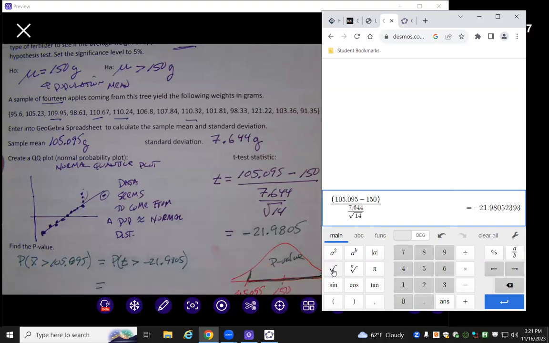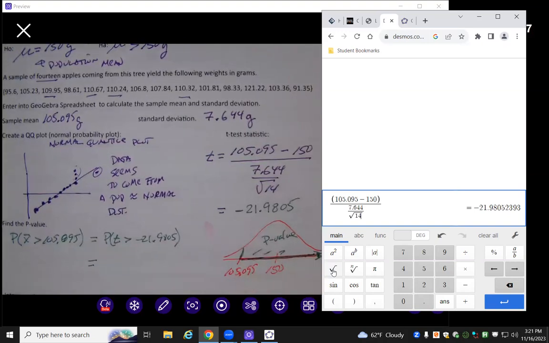This whole area is the p-value. The answer is going to be 1 or nearly 1, 0.9999999 and so on, so just about 1. But let's go through this so you can see how it is done.